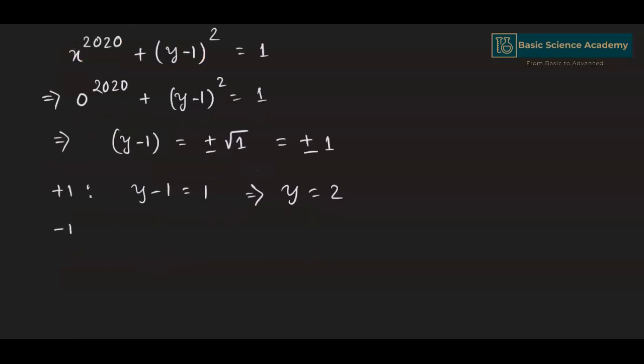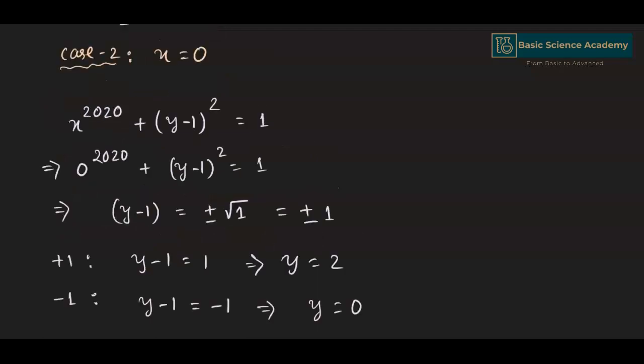For minus 1, we have y minus 1 equals minus 1, which gives y equals 0. Hence, for x equals 0, we have two different values, y equals 2 and 0.